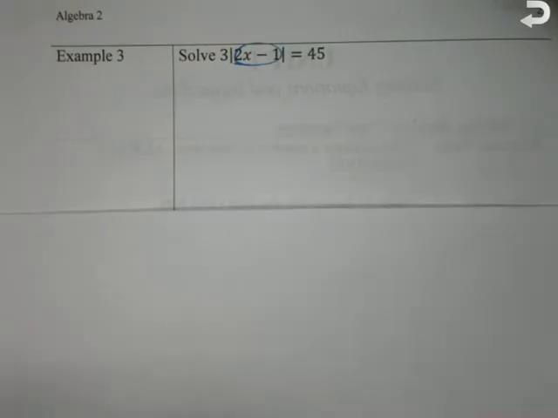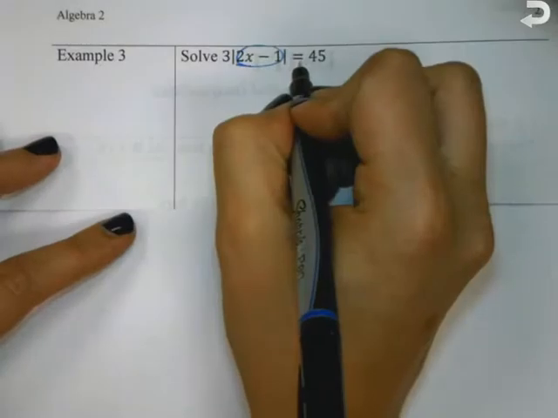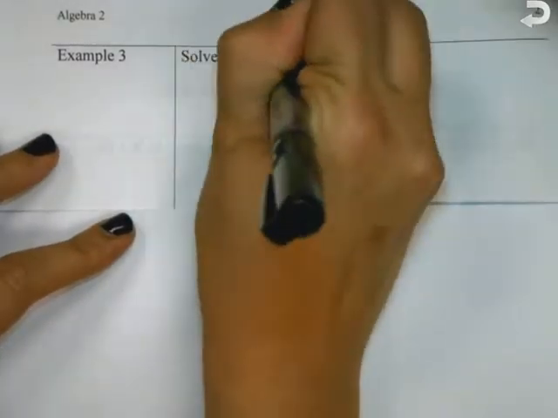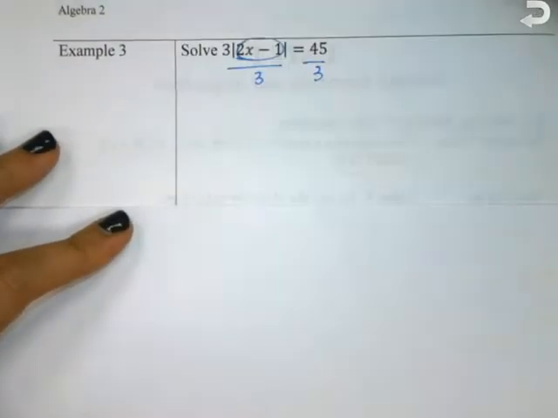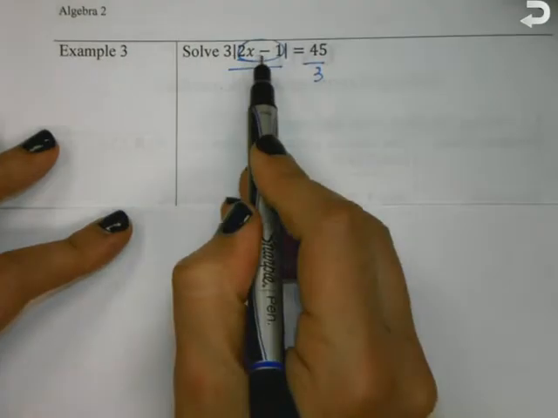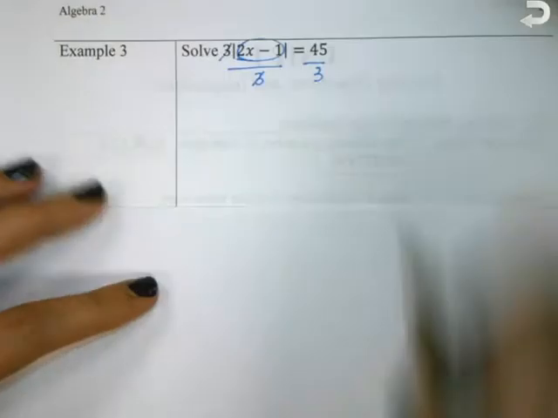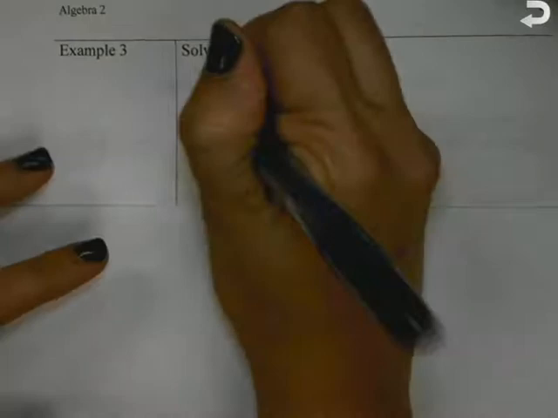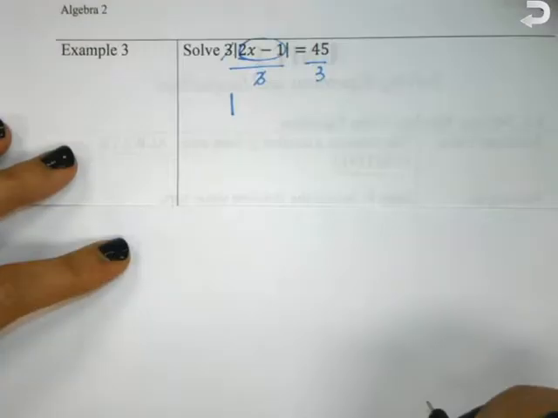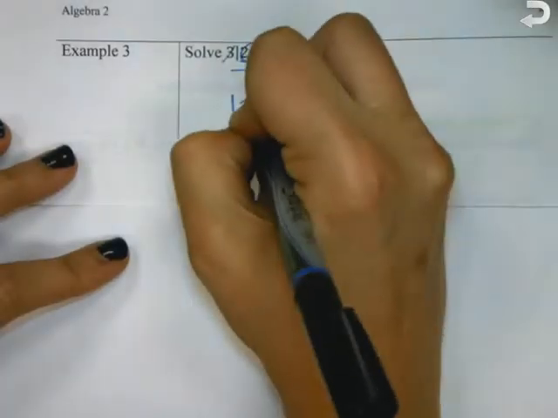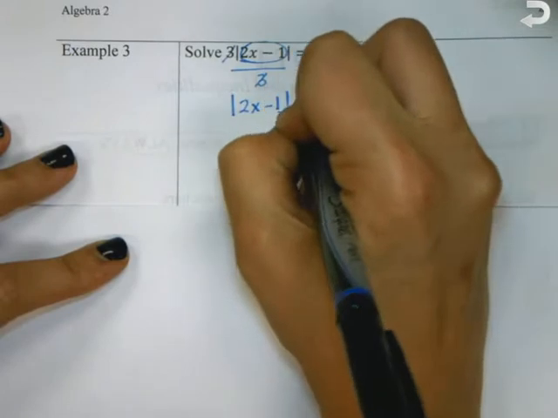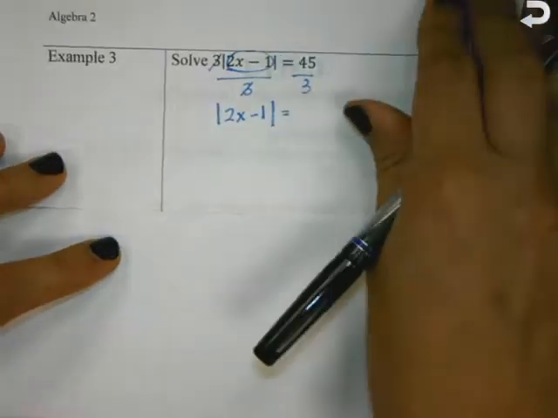So we're trying to get the absolute value bars by itself first. So I want to divide both sides by 3, because that 3 is being multiplied. So the 3 and the 3 will reduce to 1. So I'm going to be left with the absolute value of 2x minus 1 equals 45 divided by 3 is going to give me 15.